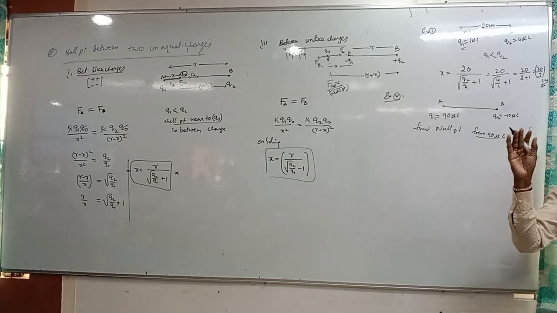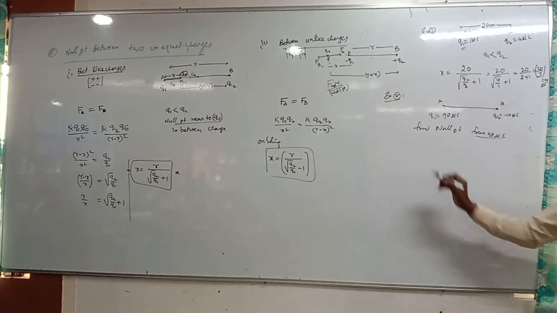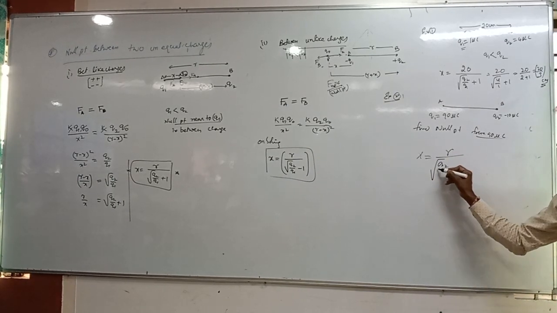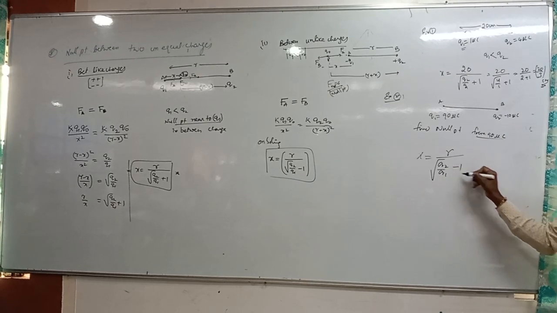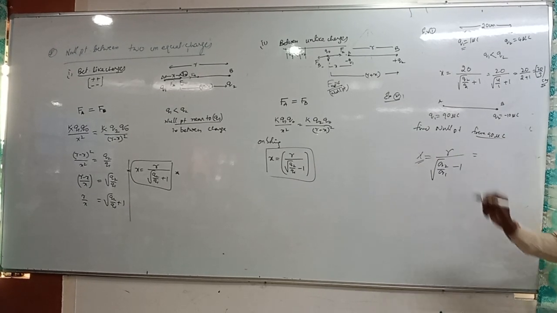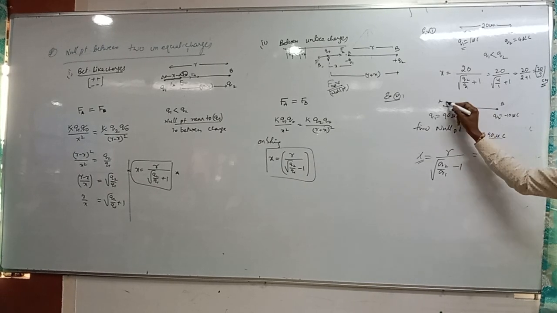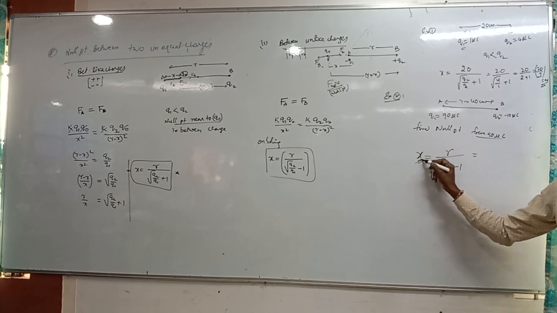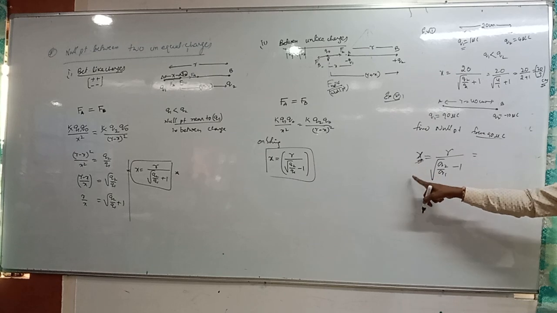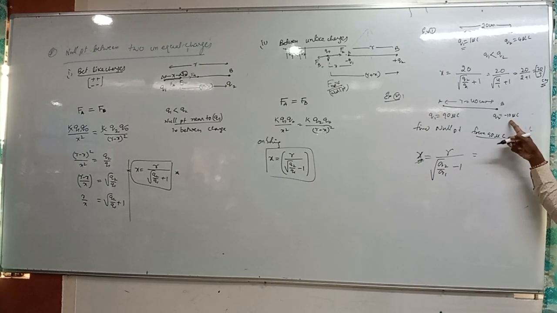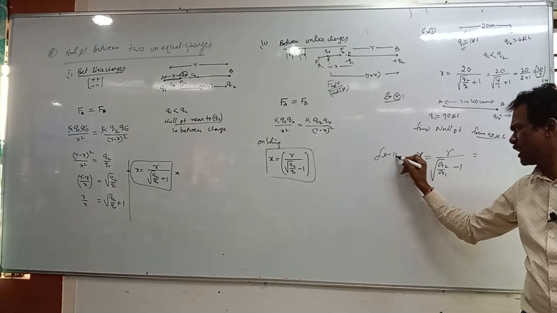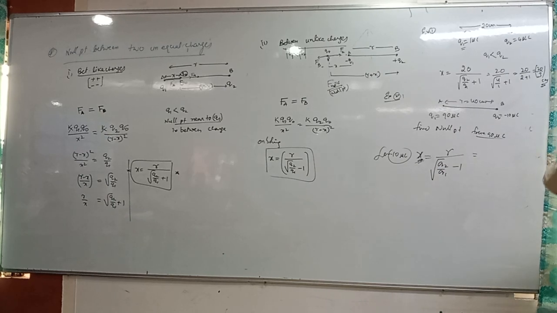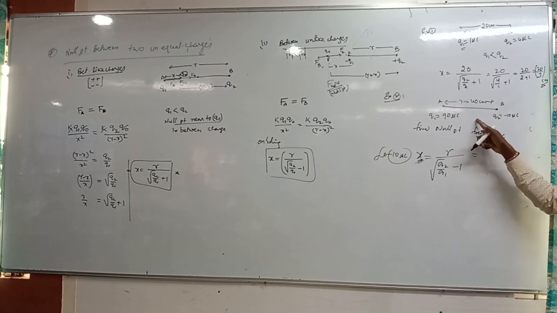First you calculate it from the smaller charge. x is equal to r by, what is the formula? Tell me. Under root of (Q2 by Q1) minus 1. The distance r you take is 40 centimeters, right? This x is always from the smaller charge. Smaller charge means from the 10 microcoulomb here, isn't it? You calculate x first from the 10 microcoulomb.